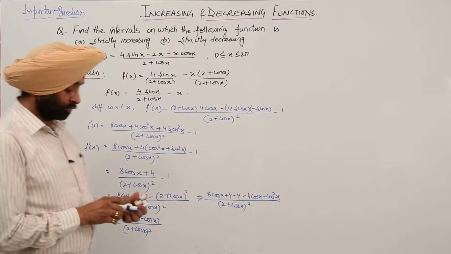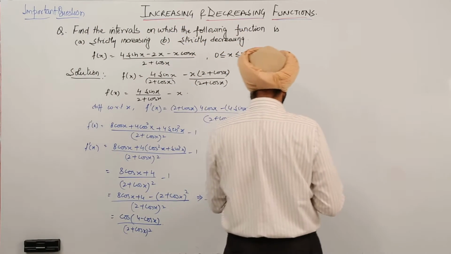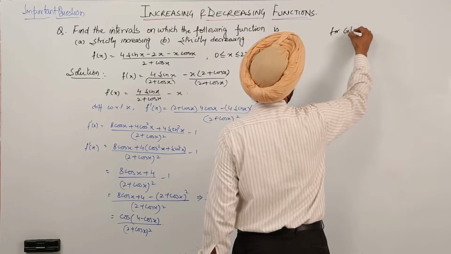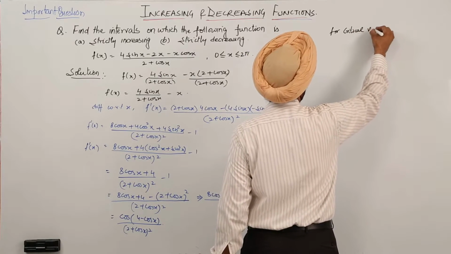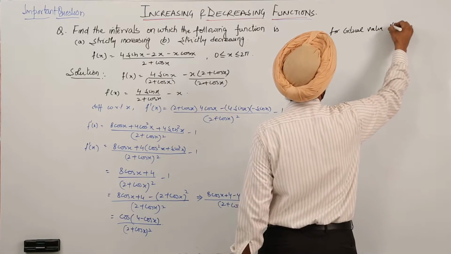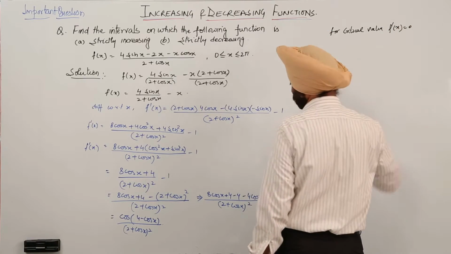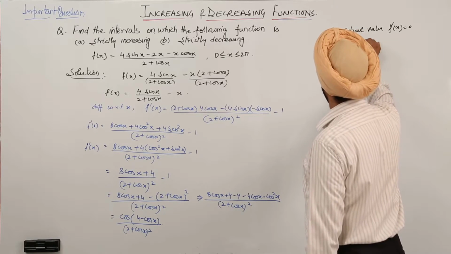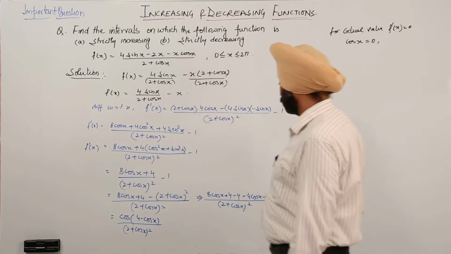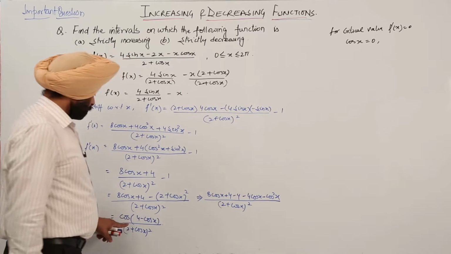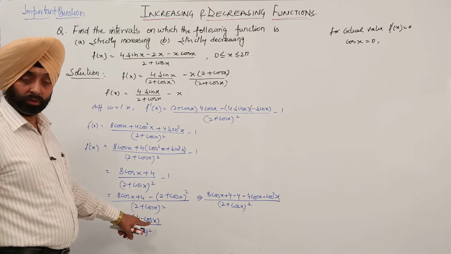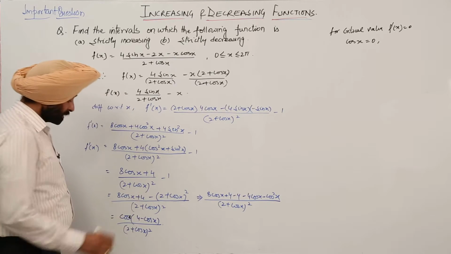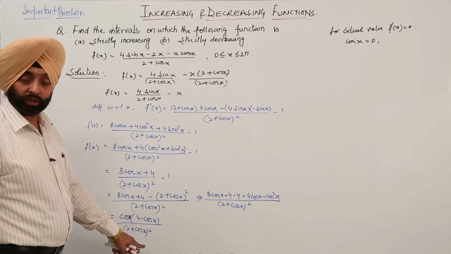Okay. Now for the critical value, f'(x) is equal to 0. Now from here, cos x is equal to 0, because 4 minus cos x is not equal to 0, and 2 plus cos x whole square is not equal to 0.